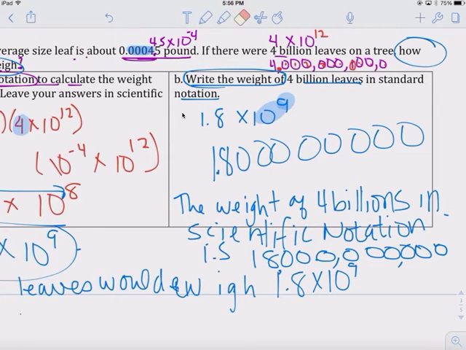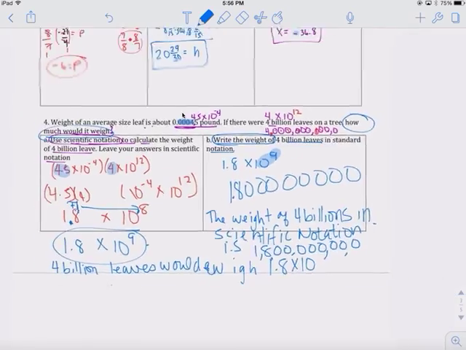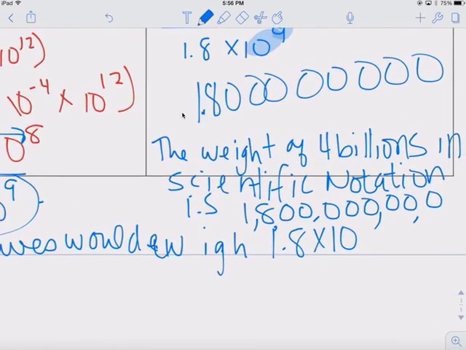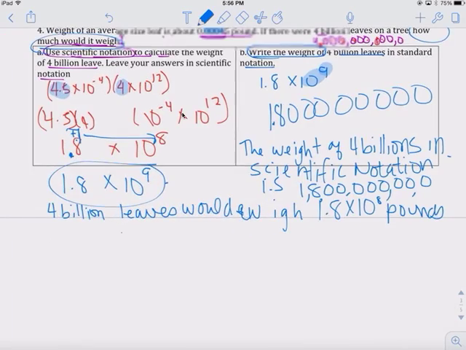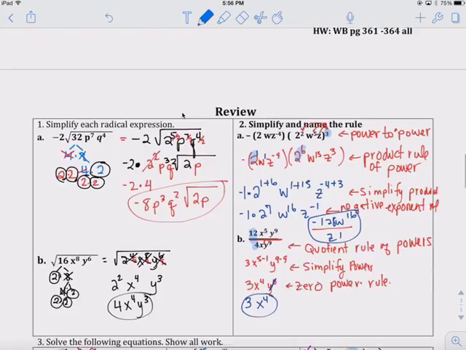Did I write it wrong? Oops. 1,800,000,000 pounds altogether. Okay. This has to have pounds at the end. Okay. Now you're on your own.